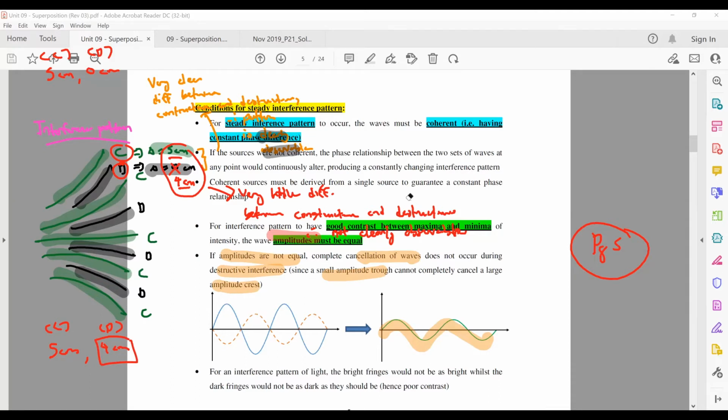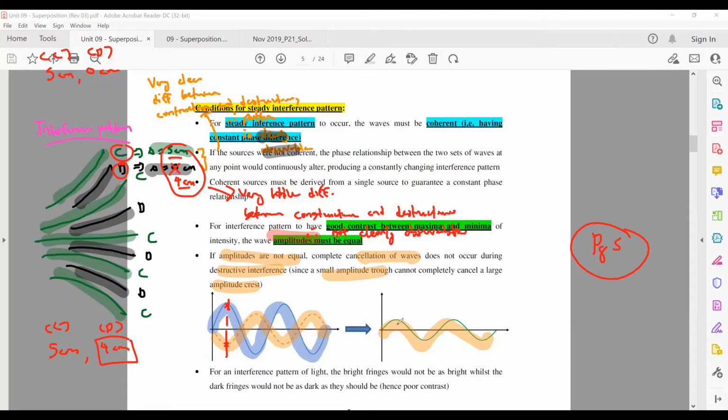Okay, so let's just say right now you have 2 waves, the blue colored wave and this orange colored wave. They are meeting out of phase because you can clearly see that crest meets with a trough. This is destructive interference. So because they're not the same amplitude, they won't completely cancel off.